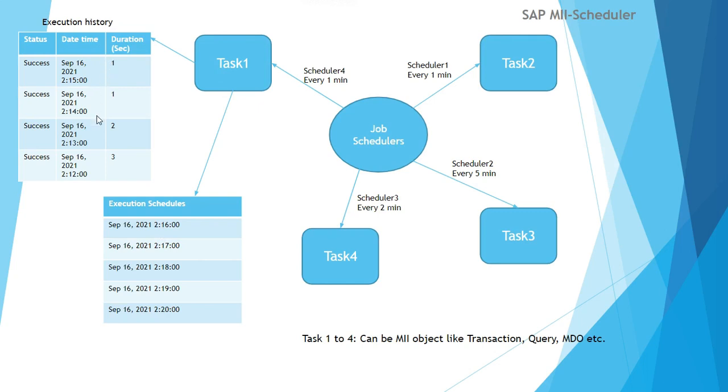Execution history can be deleted by using a system job. Each time the system job runs, if there is any execution history or execution jobs older than 24 hours according to the configuration, it will delete them. And you can schedule an MII object like a transaction, query, MDO, etc. as a task.